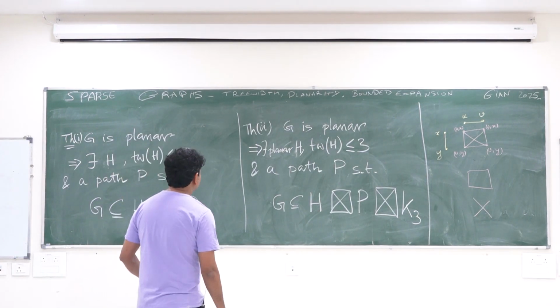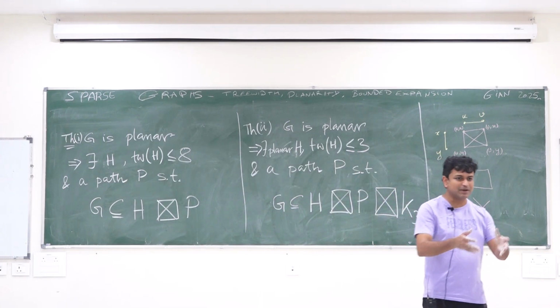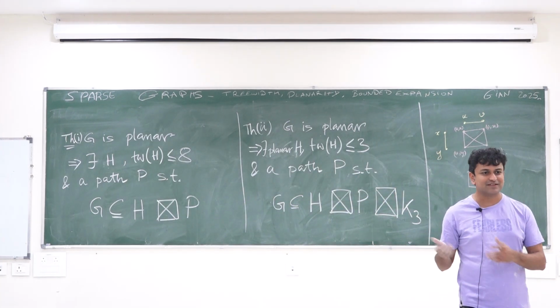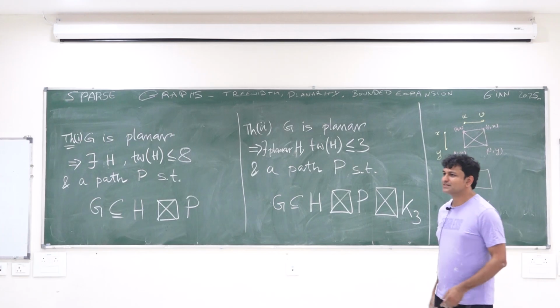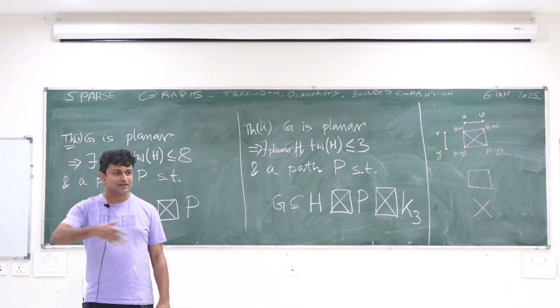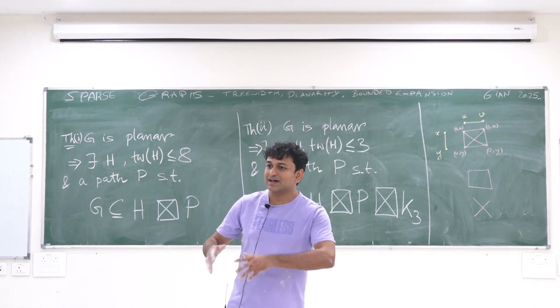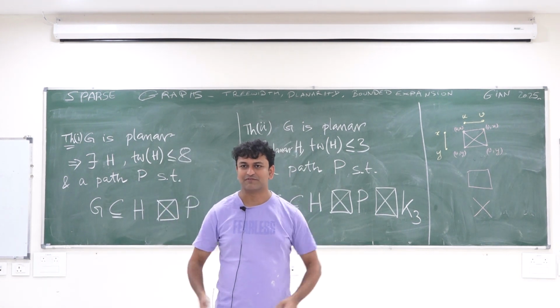This is what I got in the survey. Maybe it has been improved further because people are trying very hard to do these things. And there are many other product structure theorems now for these other types of graphs, surfaces and everything.